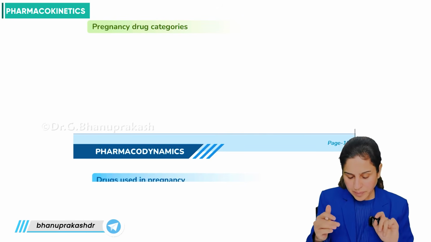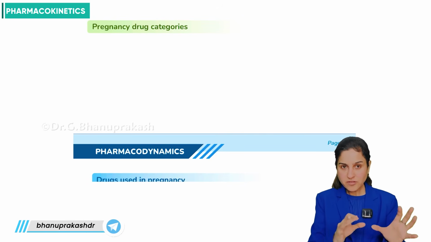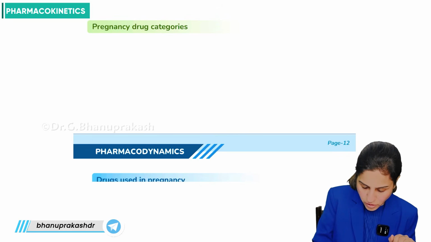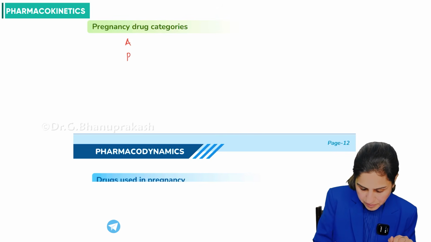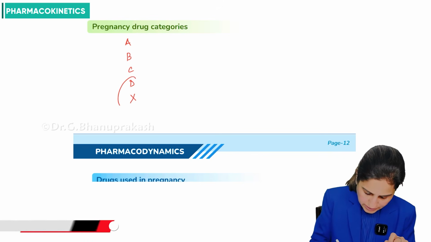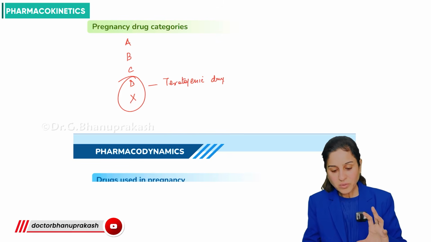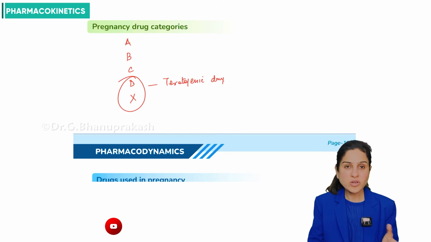Now, in the pregnancy drug categories, we should not confuse it with the schedules. Don't confuse this. These categories are from A to X: A, B, C, D and X. So D and X are the teratogenic drugs. Both D and X are teratogenic drugs. But with D, we will see if the benefit is more, then we might use them.